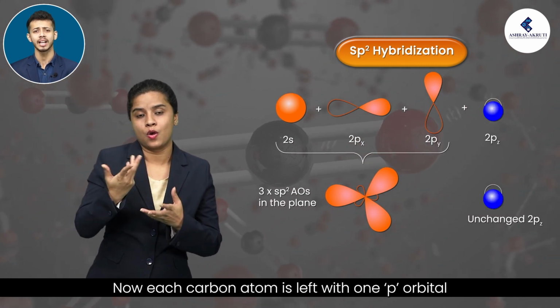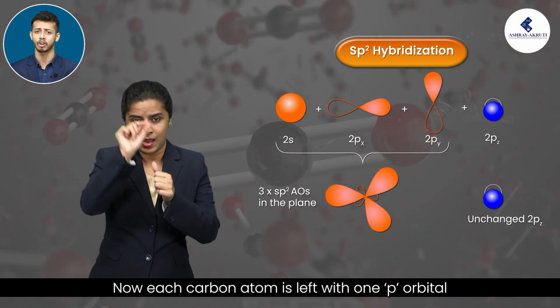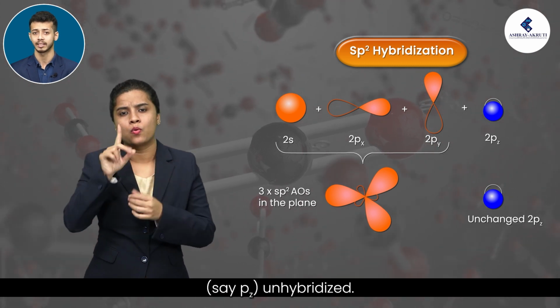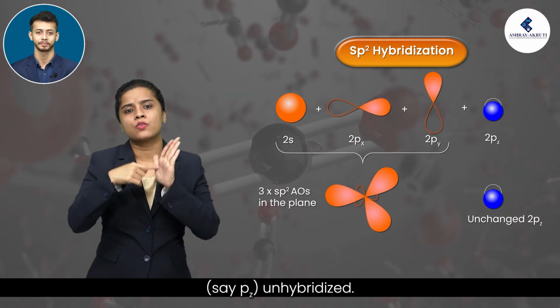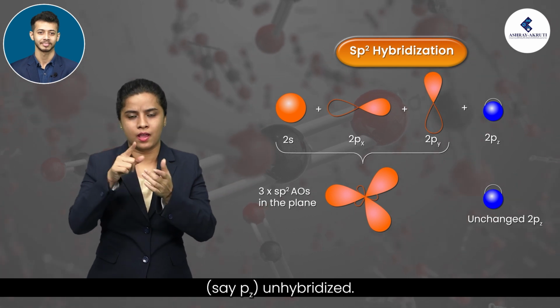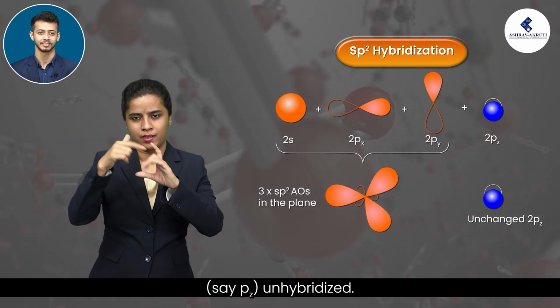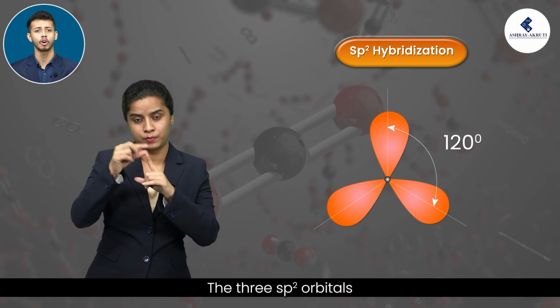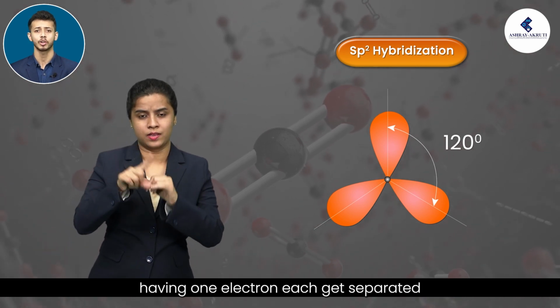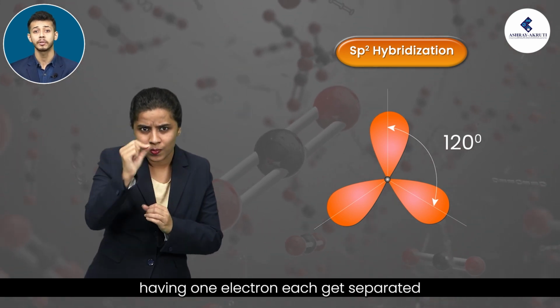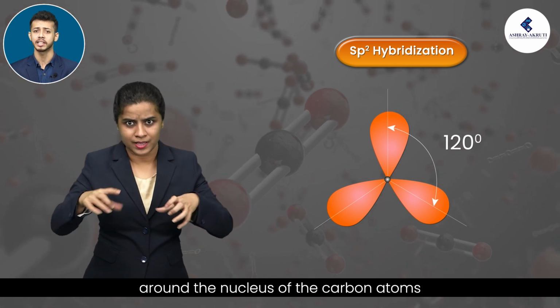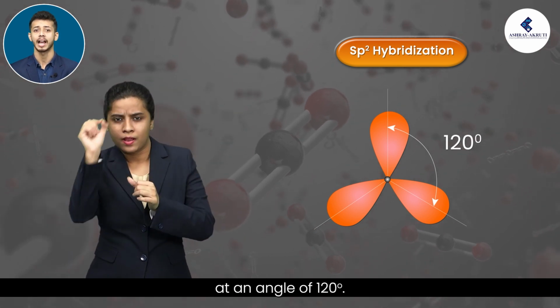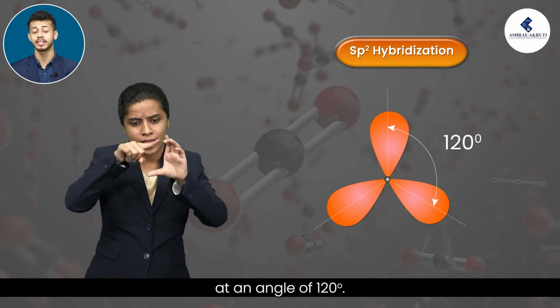Now each carbon atom is left with one p orbital, say pz, unhybridized. The 3 sp2 orbitals having one electron each get separated around the nucleus of the carbon atom at an angle of 120 degrees.